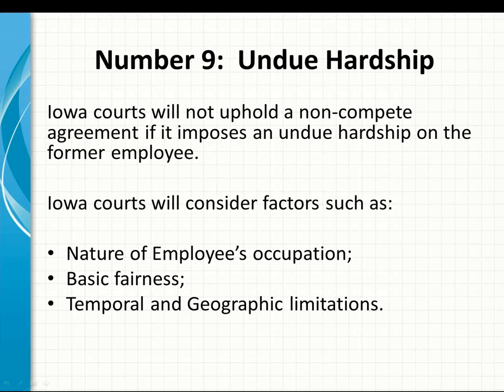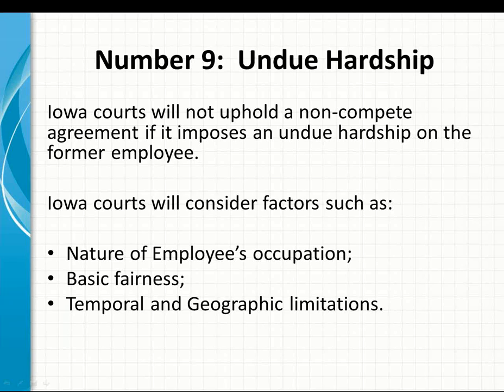One important item to remember when drafting a non-compete is that let's say you draft a non-compete that is technically unenforceable because for whatever reason your temporal restriction is too strict or even your geographic limitation is too strict.